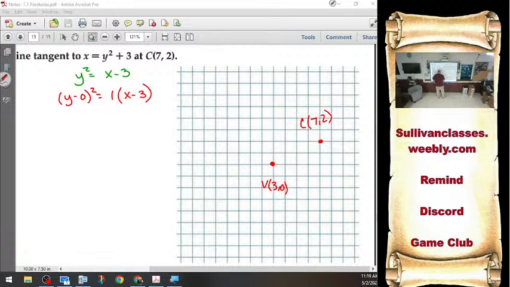There we go. And if this is an axis of symmetry, 2 above it, I can make another point 2 below it to make my parabola.